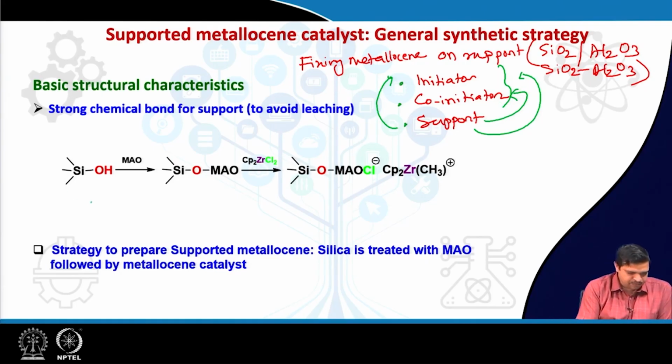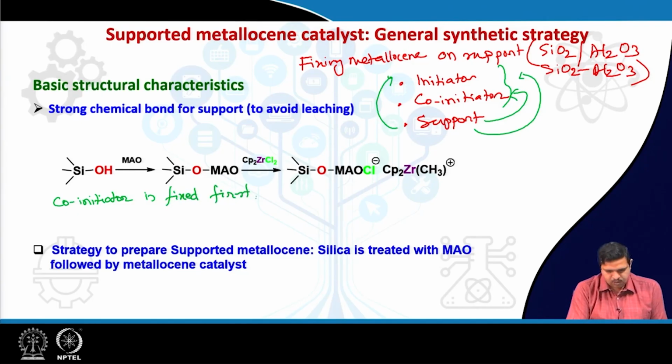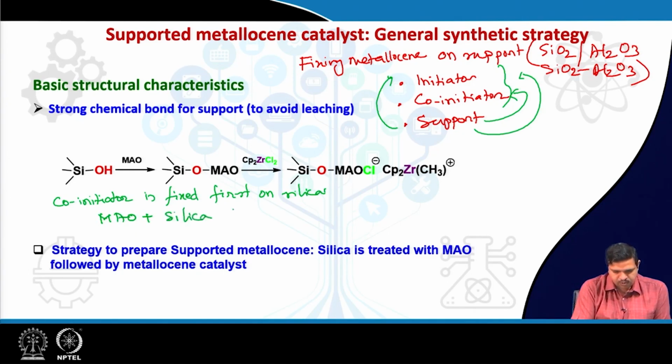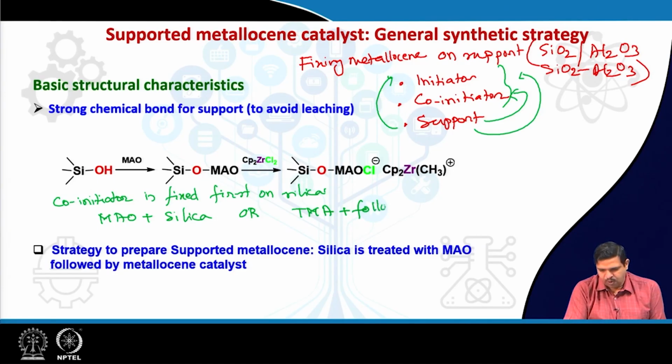But the most successful one is where the co-initiator is fixed first on silica. How can it be done? It can be done by reaction of MAO with silica, or trimethyl aluminum followed by a controlled amount of water and the silica.